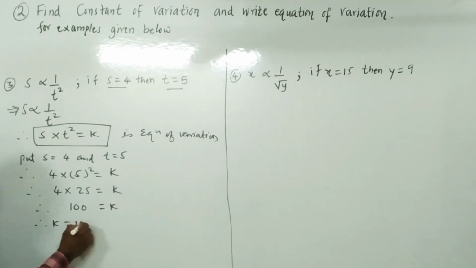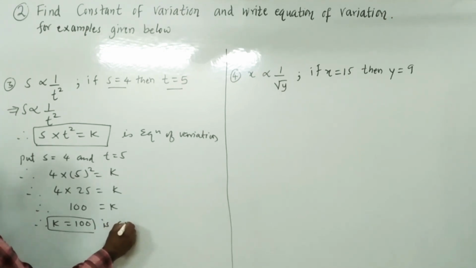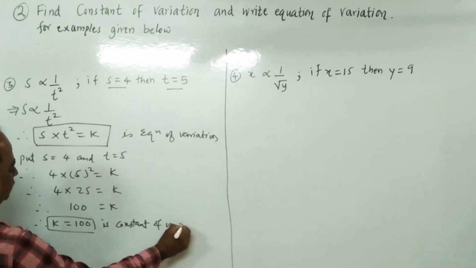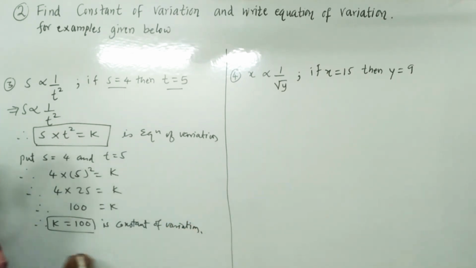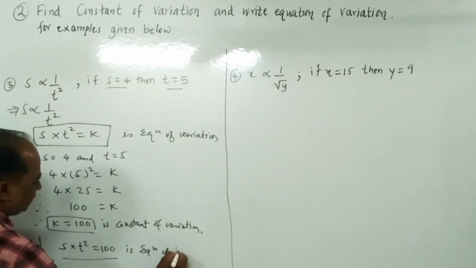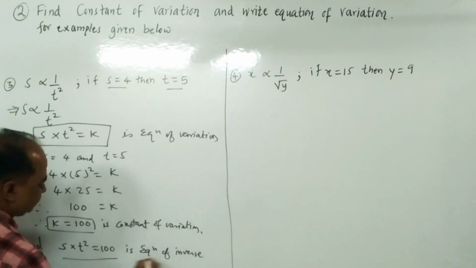Therefore, k is equal to 100 is the constant of variation and s into t square is equal to 100 is the equation of inverse variation.